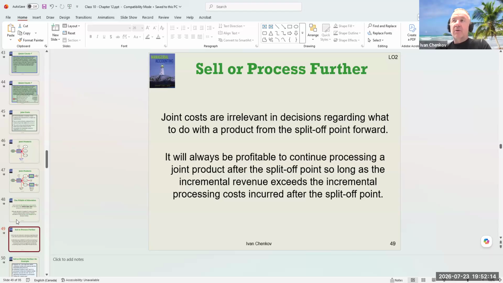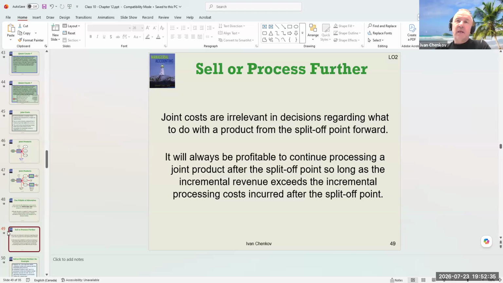What are we going to do? We're only going to sell the products which, after the split-off point, generate positive incremental revenue. How are we going to get the incremental revenue?